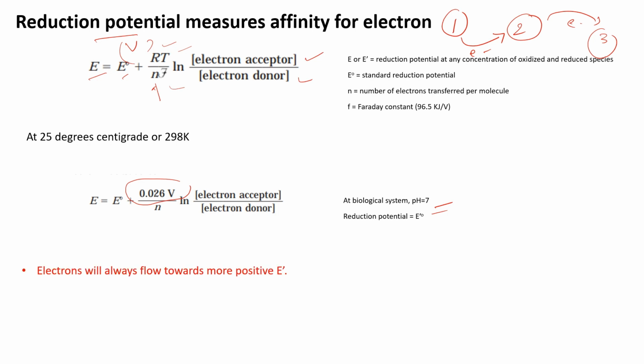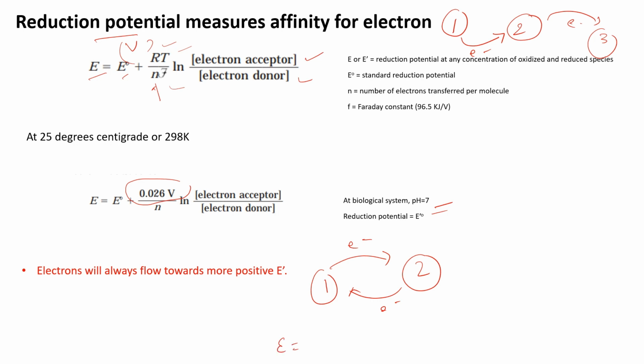Now, electrons will always flow towards positive reduction potential, because reduction potential measures the affinity for electrons. That means a more positive value means more affinity. If more affinity is there, it can accept electrons from the donor compound. Clear? For example, suppose there are two compounds, compound 1 and compound 2. To find out in which direction the electron will flow, or whether 1 can donate electron to 2 or 2 has to donate electron to 1, we need to see the reduction potential value.